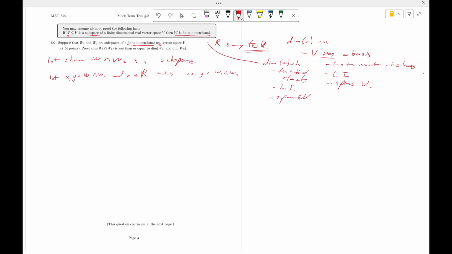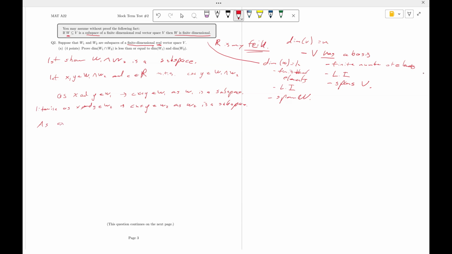So as X and Y are in W1, then Cx plus Y is in W1 as W1 is a subspace. Likewise, as X and Y are in W2, Cx plus Y is in W2 as W2 is a subspace.